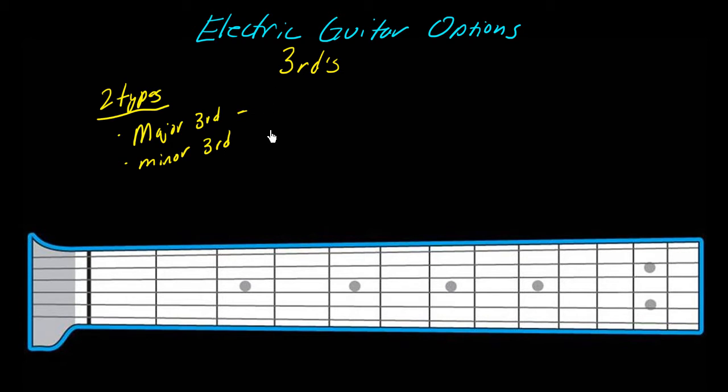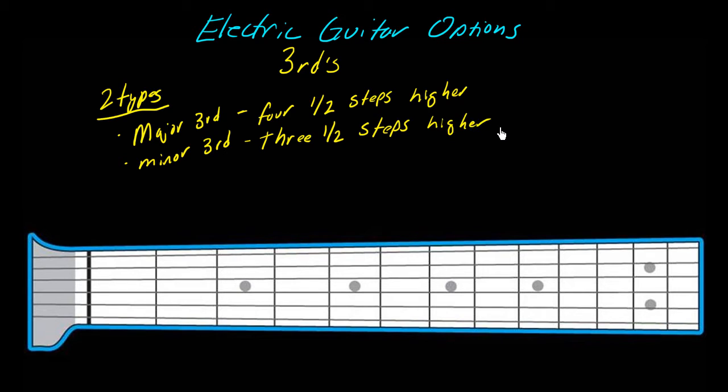is basically you take any note, let me write this out first. Major third is 4 half steps higher than the root. I'll show you what this means in a second. A minor third is only 3 half steps higher than the root.